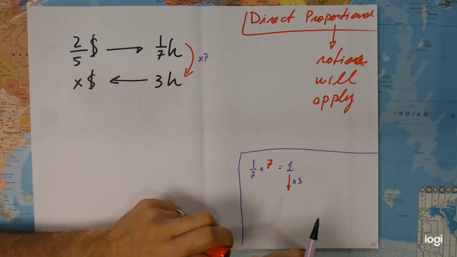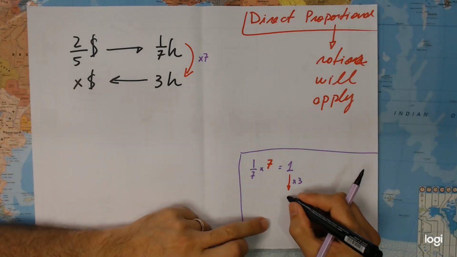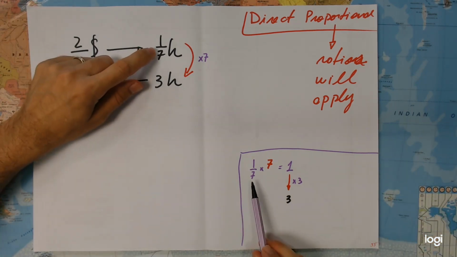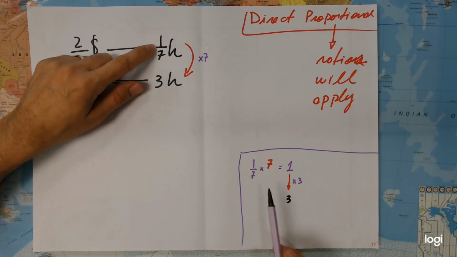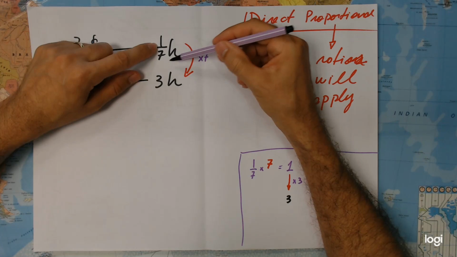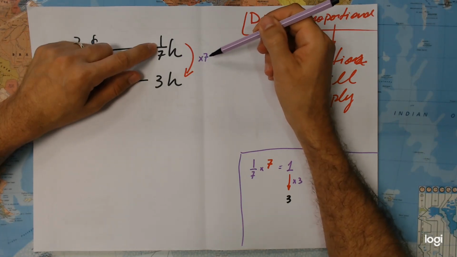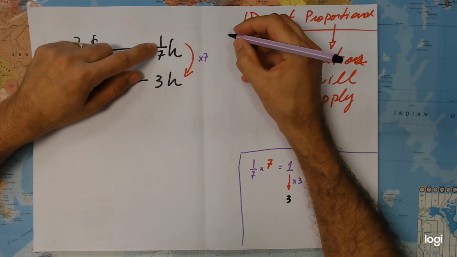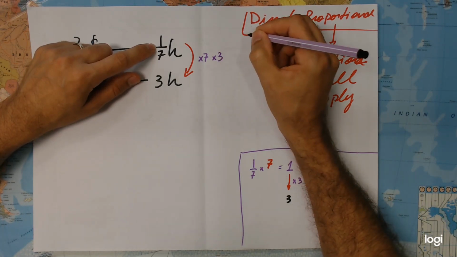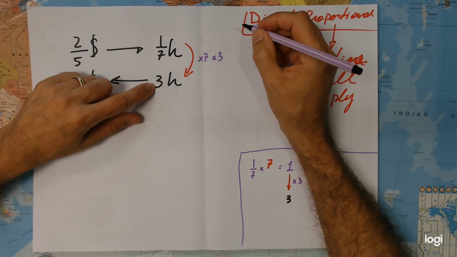I get a 3. So I start with 1/7 and I land on 3. 1/7 times 7 is 1. And now if I just multiply this 1 by 3, what do I get? I get 3.